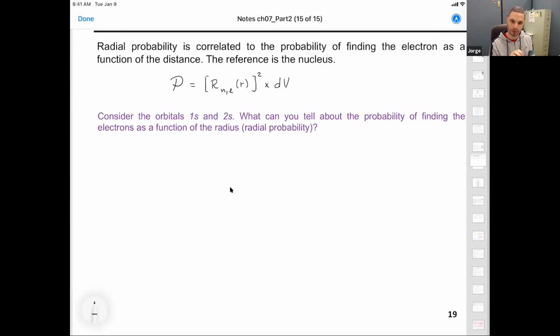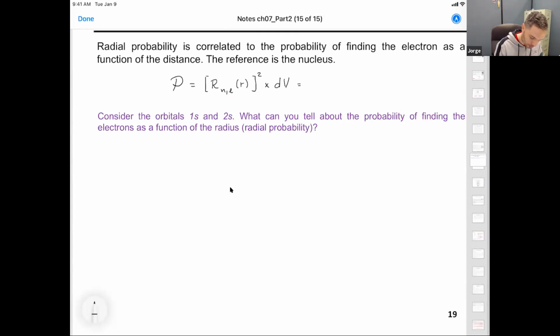Imagine an onion. The center of the onion is the nucleus, and the electron is moving anywhere inside the onion. Each shell of the onion is an element of volume, and we are going to find the probability per element of volume. That's the reason we multiply by the derivative of the volume.